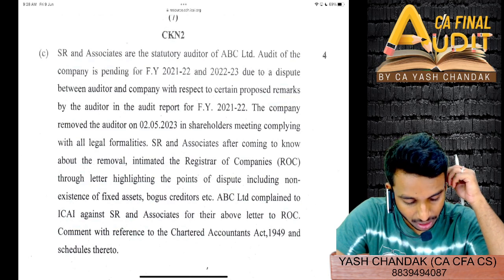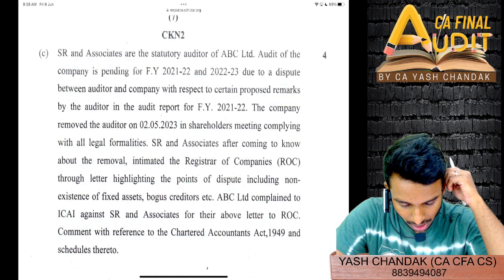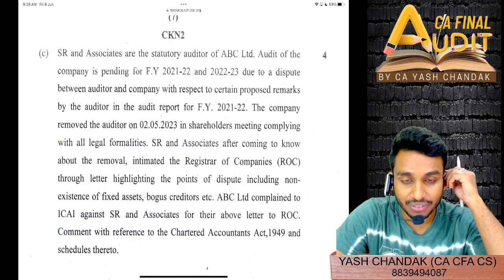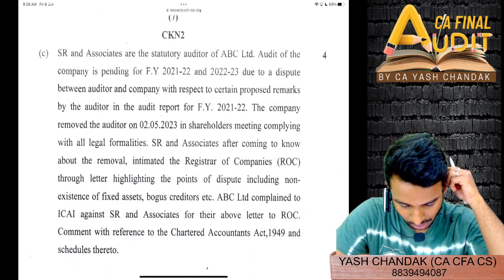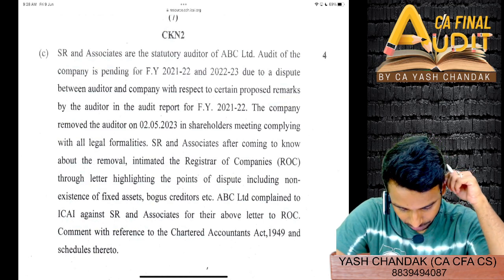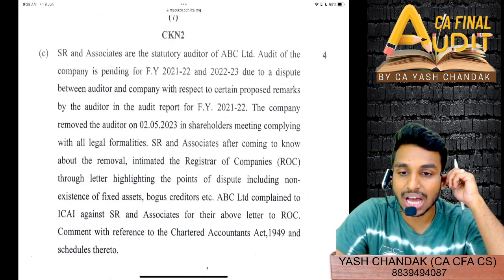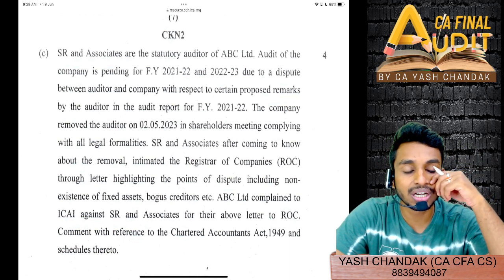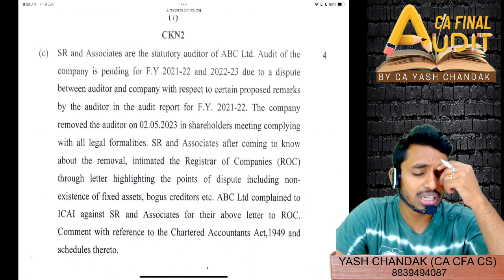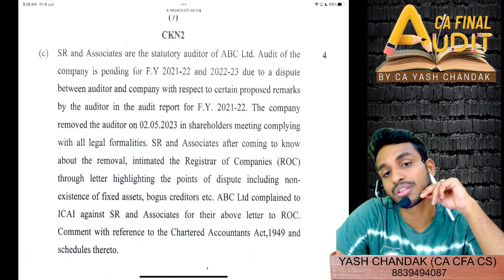So when he was being removed, he intimated the ROC through a letter highlighting the dispute, including non-existence of fixed assets, bogus creditors, etc. So we have to comment with reference to the Chartered Accountants Act and the schedules thereto. The answer will be accordingly: the confidentiality point, one more section was also there, and particularly Schedule 2, Part 1, Clause 1 will have to be mentioned with the entire clause language.